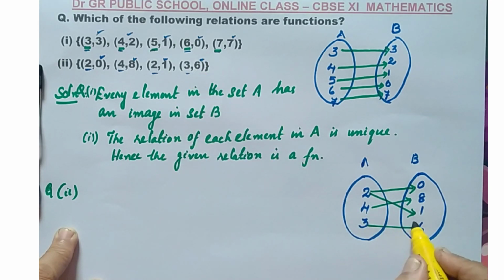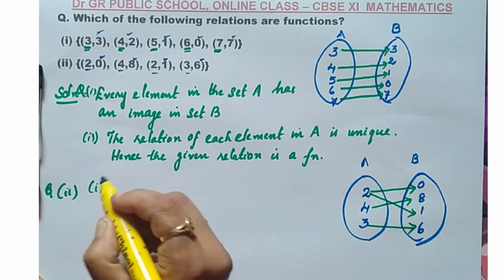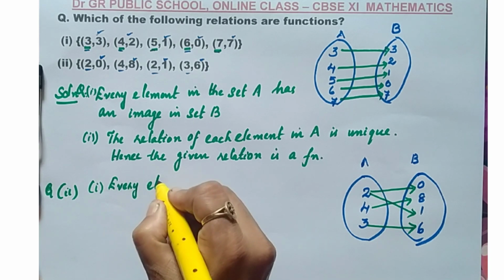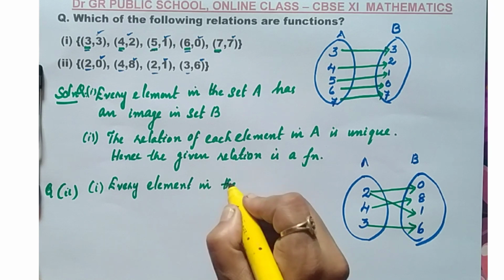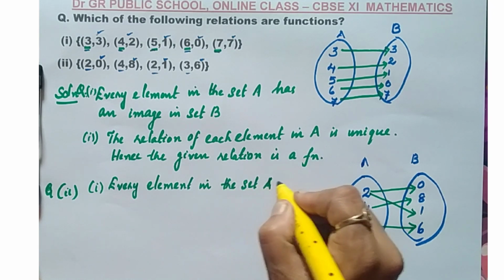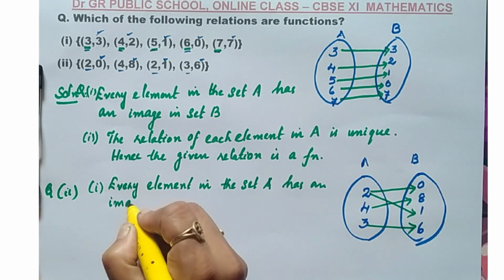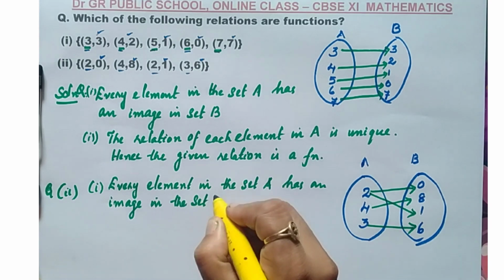We can check whether the given relation is a function or not, checking with the first property that every element of the set A has an image in the set B. The first condition is satisfied.